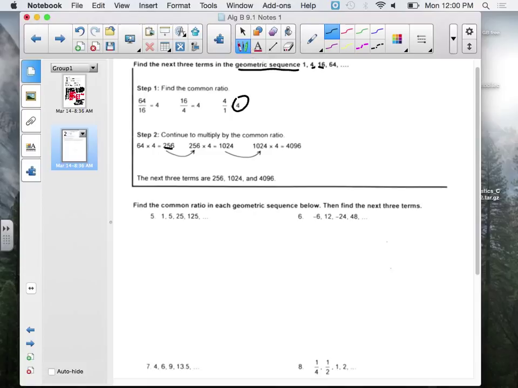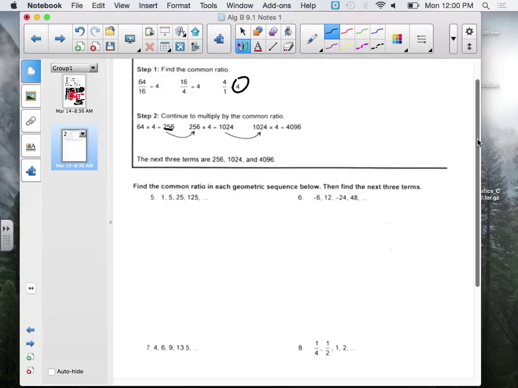And we just keep going until we find the next three terms. So 256 times 4 equals 1024. And 1024 times 4 equals 4,096. So the next three terms are 256, 1024, and 4,096.